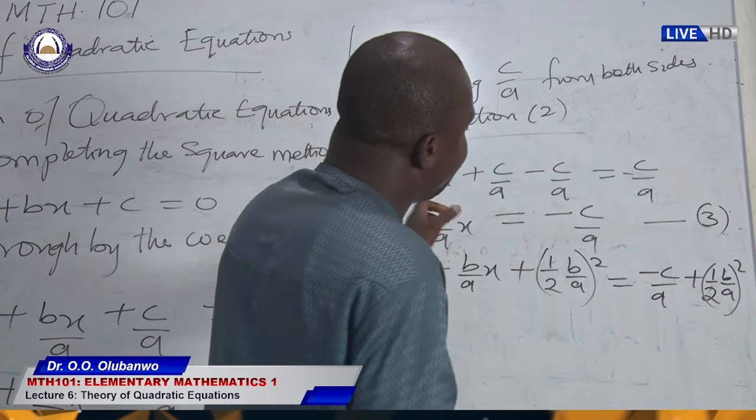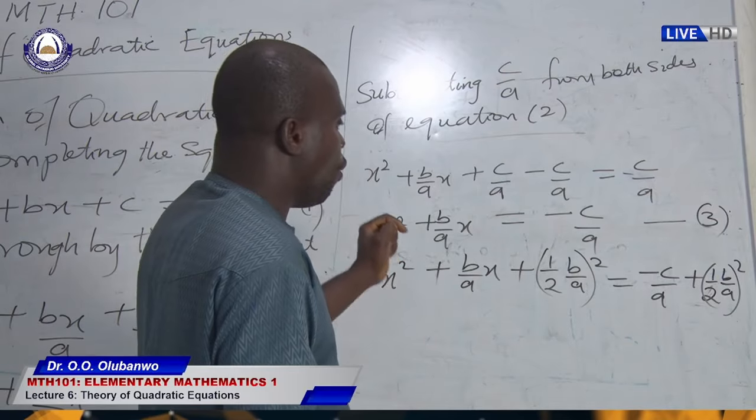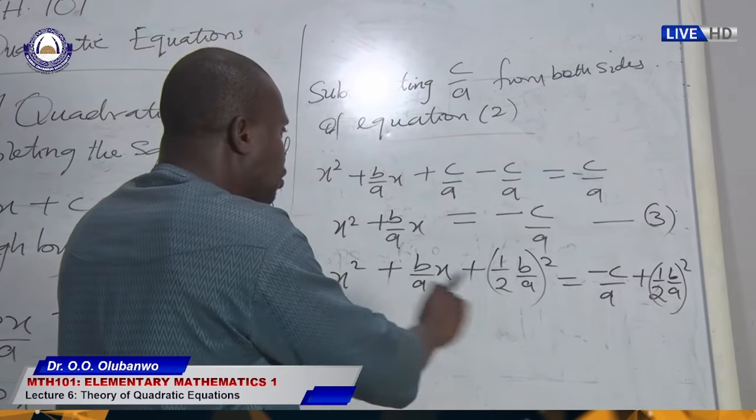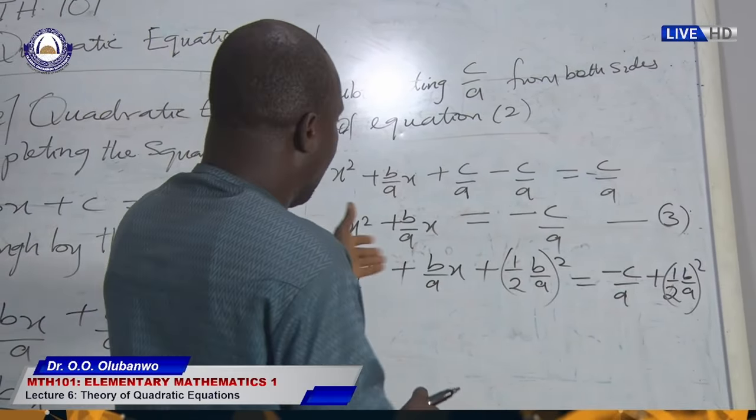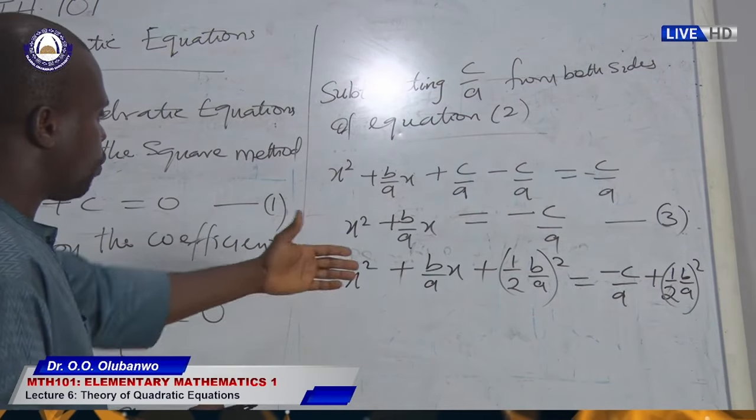You add half of b over a all squared to both sides of equation 3, and as you can see on the board, we have this.